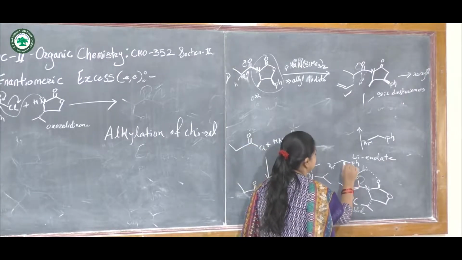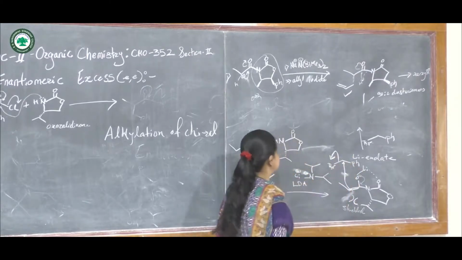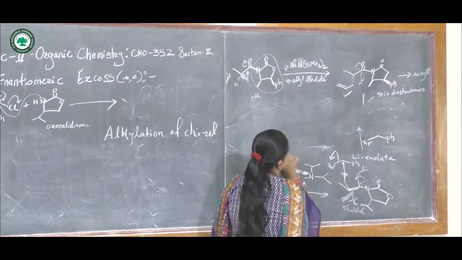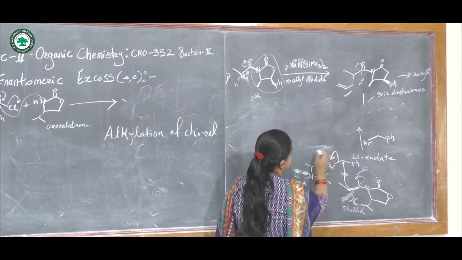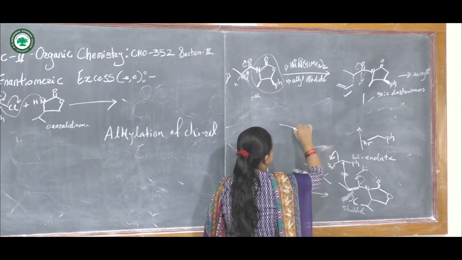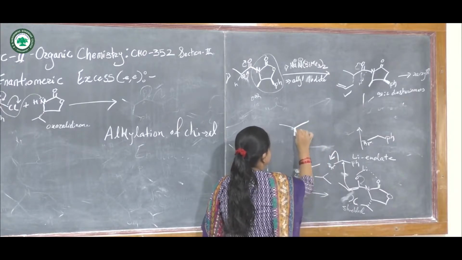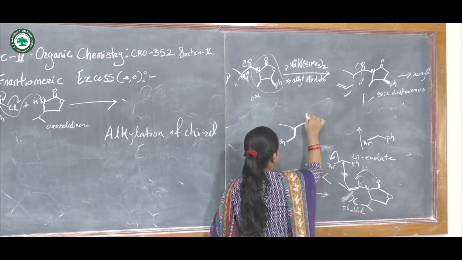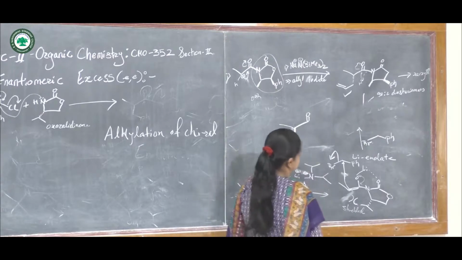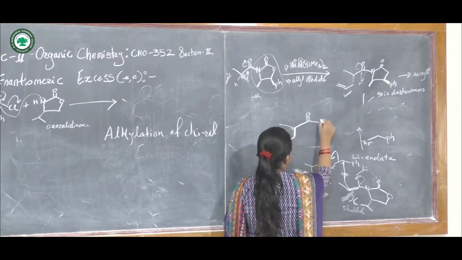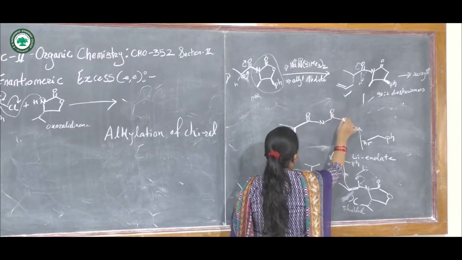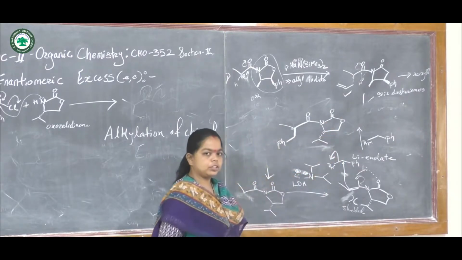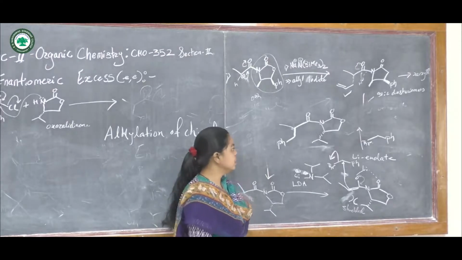So an SN2 type of displacement reaction takes place and we get the corresponding product in very high enantiomeric excess.